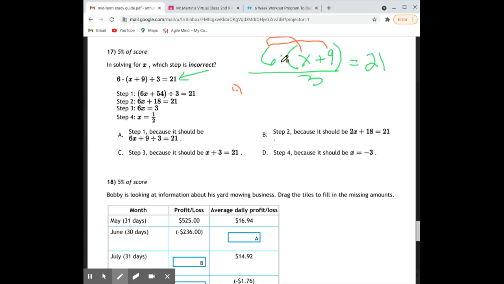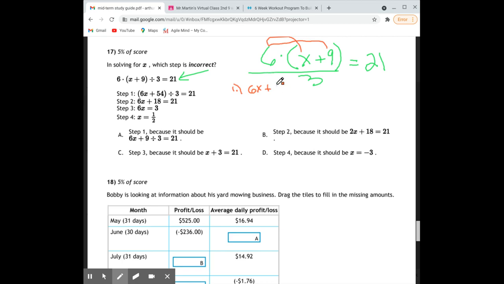So 6 times x is how many x's? 6. Correct. And 6 times 9 is? What's 6 times 9? It's 54.